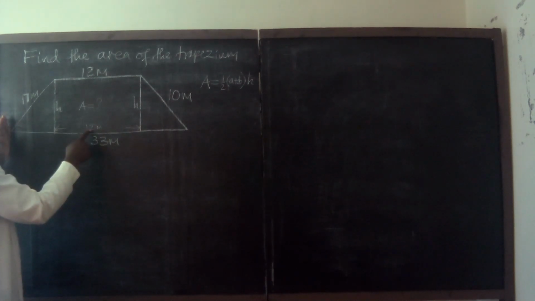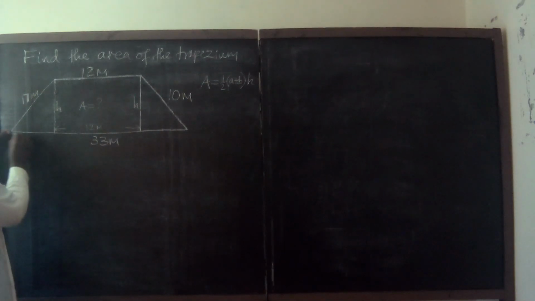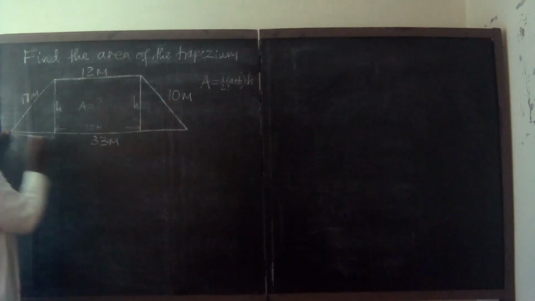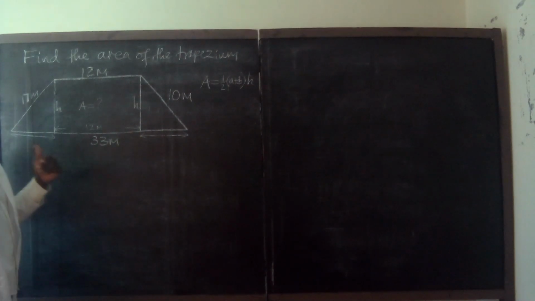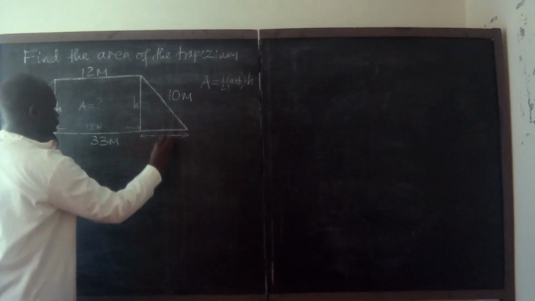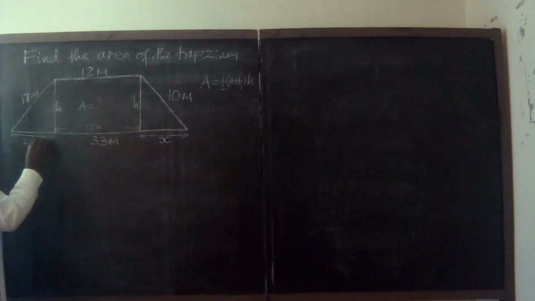So 33 minus 12, we get 21. The remaining length from this point and this point gives a sum of 21. So we assign a letter: let this length be x, and then the other one will be 21 minus x.